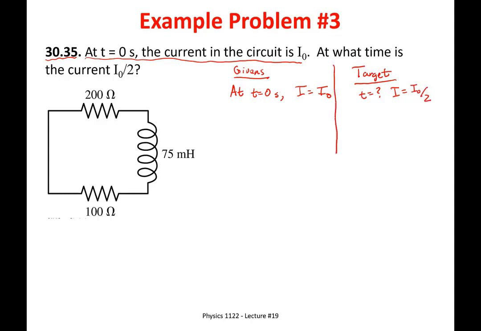Other givens in this problem are the two resistance values that I'll label R1 and R2, and then the inductance value. So R1 is 200 ohms, R2 is 100 ohms, and L is 75 millihenry.